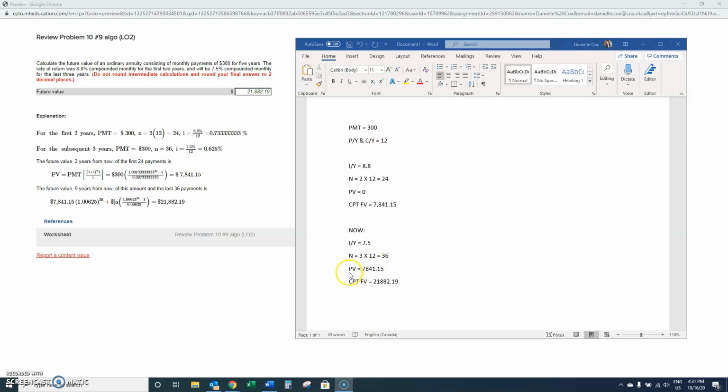So when you put the present value in, then you compute future value and you get 21,882.19.